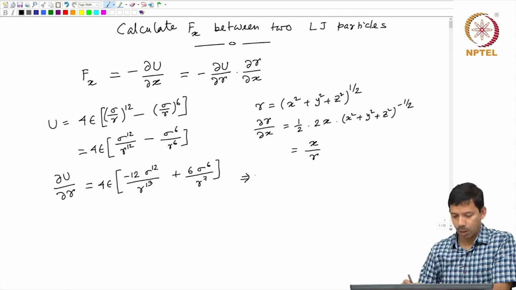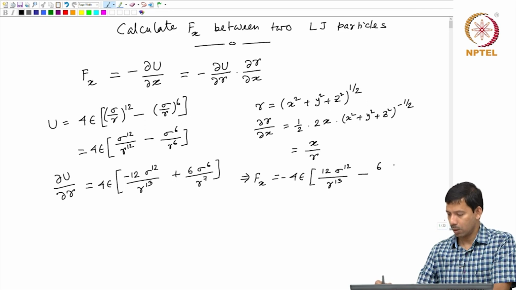Therefore, your x component of force is equal to 4 epsilon, here I have a minus, and here I am taking one minus out, so that gives me 12 sigma to the power 12 divided by r to the power 13 minus 6 sigma to the power 6 divided by r to the power 7.